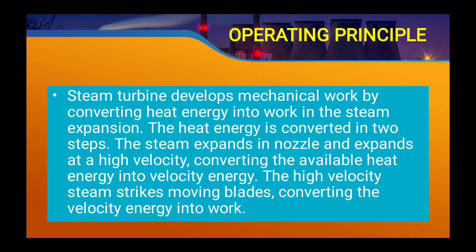And the high velocity steam strikes the moving blades. So at first the steam energy which is stored in the nozzle is converted into high velocity, and the high velocity steam strikes the moving blades, hence the turbine is in rotating condition, converting the velocity energy into work.